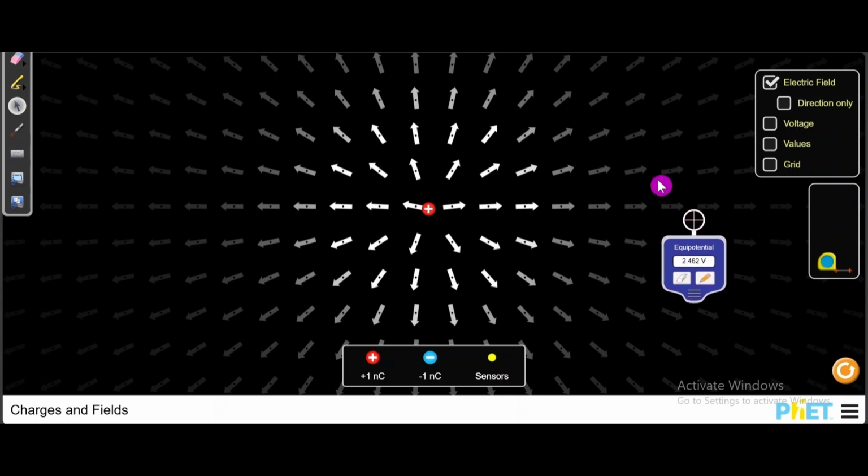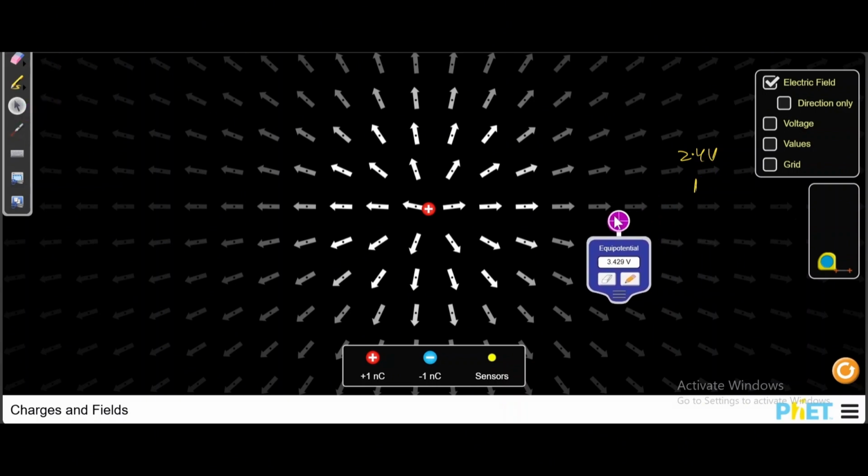So here I'm going to label the potential at this point. At this point, the potential is 2.4 volt. Similarly, if I bring this potentiometer toward the positive charge, the potential here is 3.4 volt.